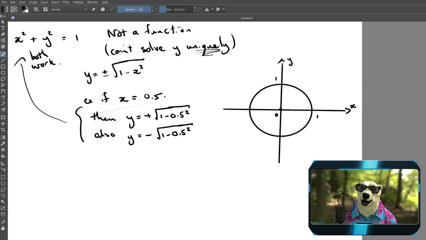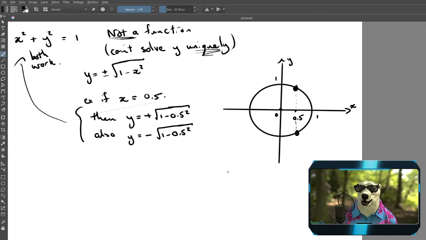So when I have a 0.5 x value, there are 2 points that satisfy the equation. And this is not a function anymore. Yet, I do have a graph.